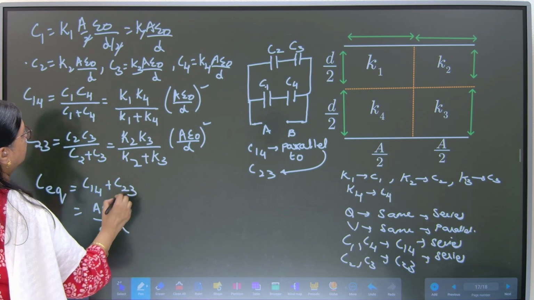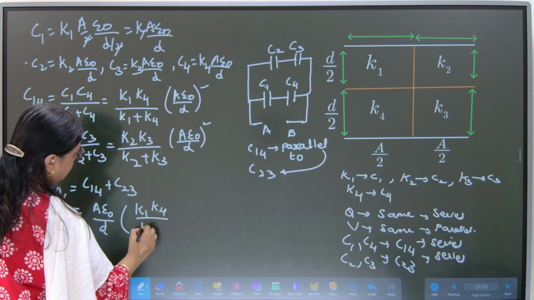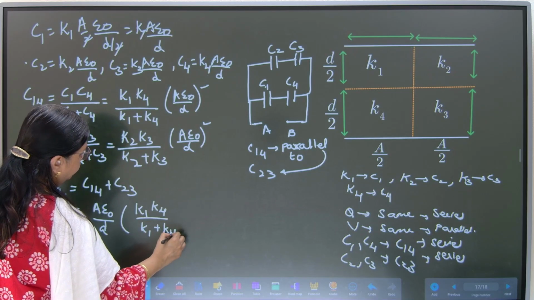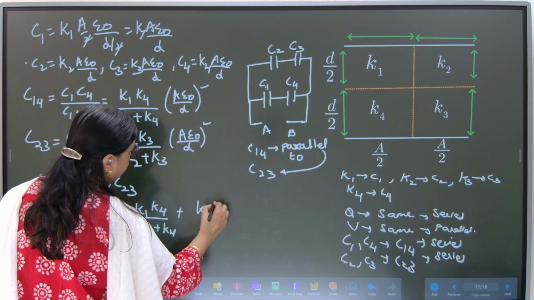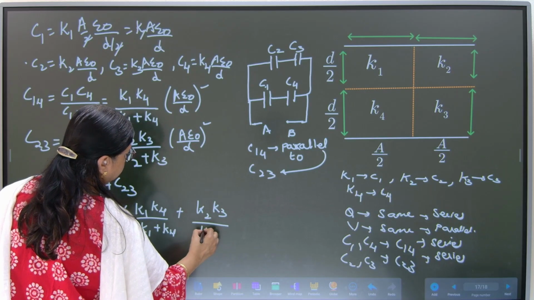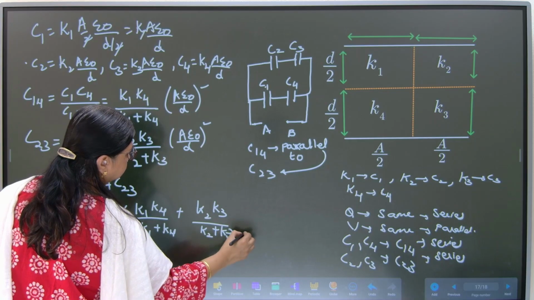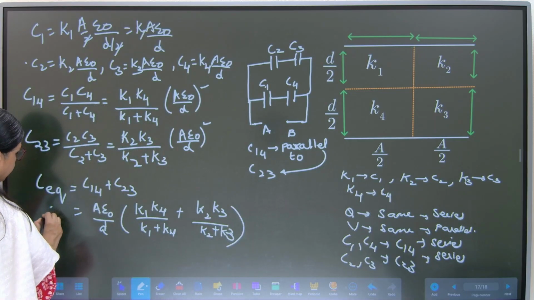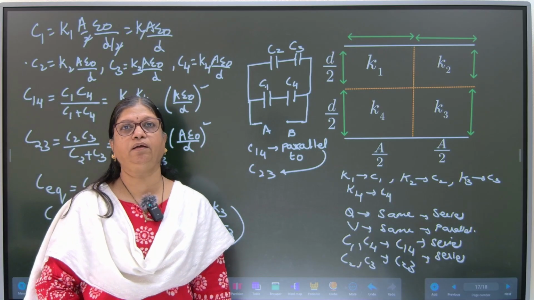Okay, and we have in the brackets K1 K4 by K1 plus K4 plus K2 K3 upon K2 plus K3 as the equivalent capacitance for the combination shown here.